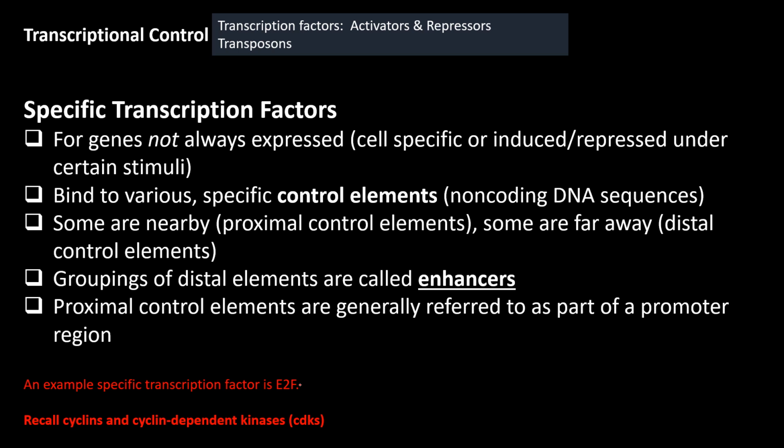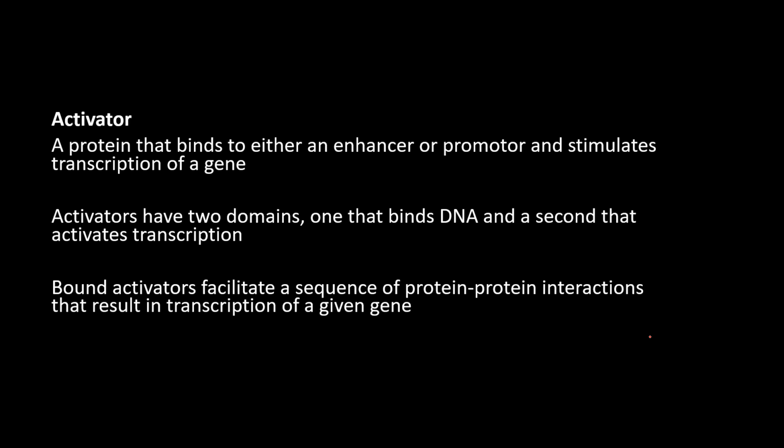So this specific transcription factor E2F generally activates genes, so it's an activator, and it activates genes involved in S phase of the cell cycle. All right? And so activators, these are any protein that bind to either enhancer or promoter regions or distal or proximal.